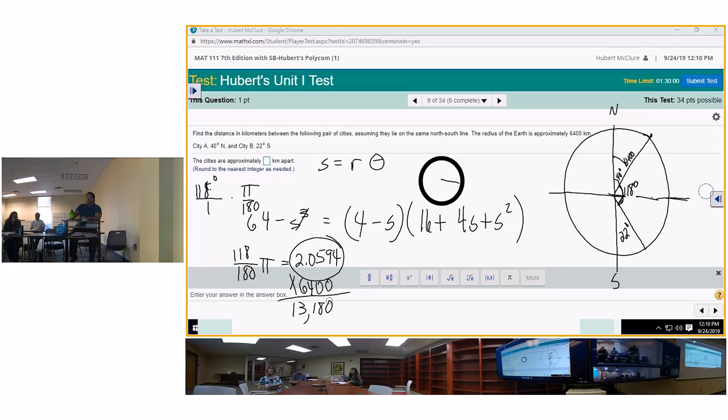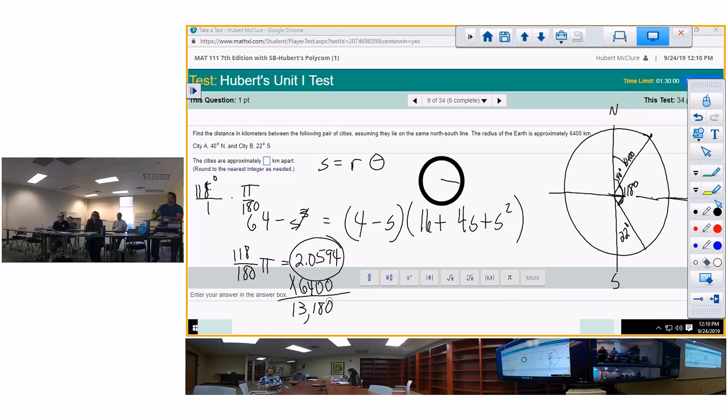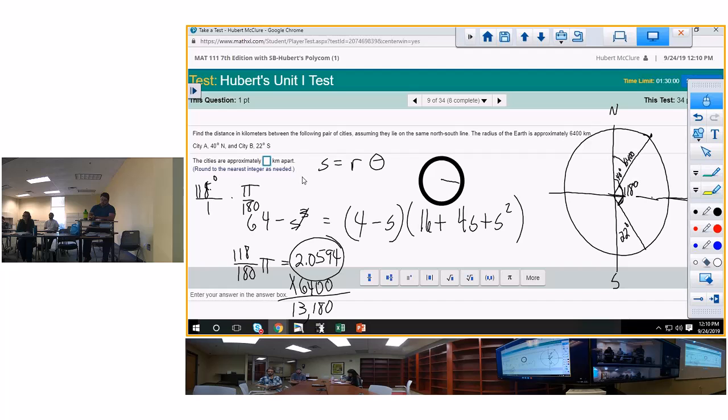That rounds to 13,181. And I don't try to pull any punches. If we get that one wrong, I'm going to take that one off. If y'all see one in the homework, send it, but I don't know where that one came from.